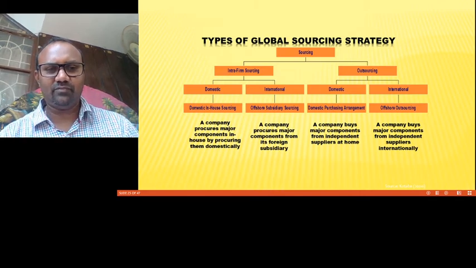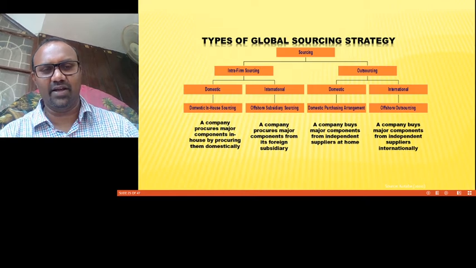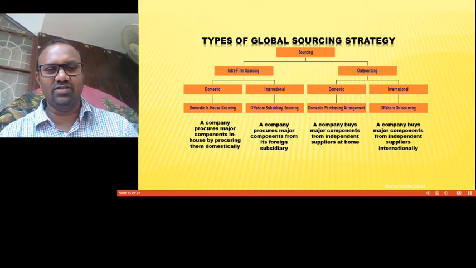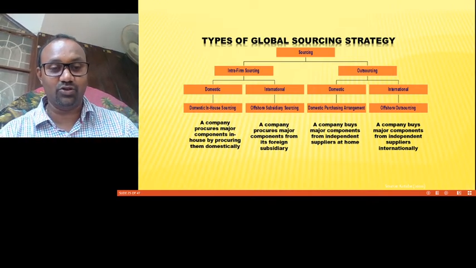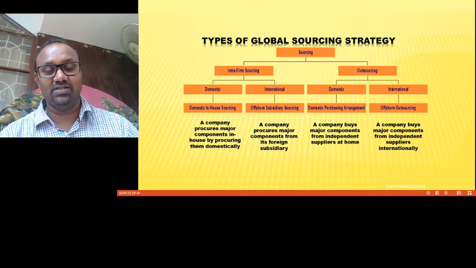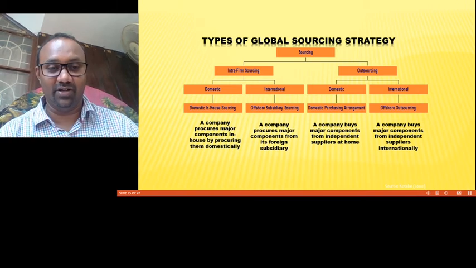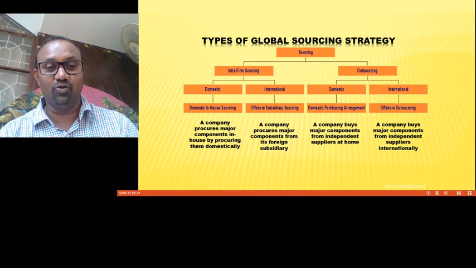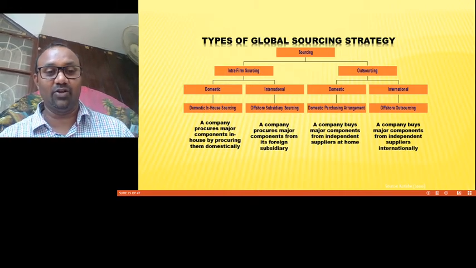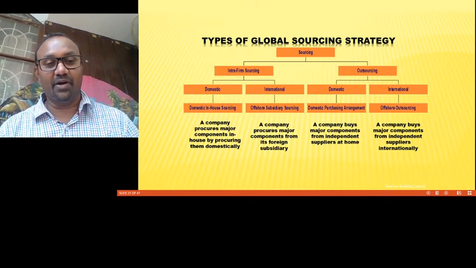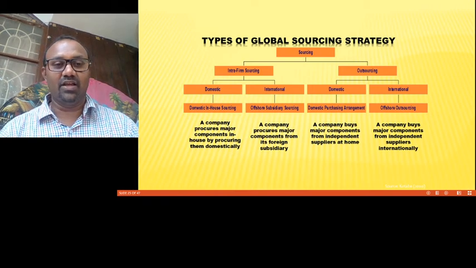And the firm that is getting into outsourcing will have to decide which one they will be able to take up, so that they are able to very effectively operate the procurement function and get the right type of raw material and resources in the least cost method or through the least cost logistics that's available, and thereby have the advantage. So if intra-firm sourcing is able to give you an advantage and you are an expert in that particular field and you have competitive advantage compared to the other outsourcing partners, then you can go ahead and do it.